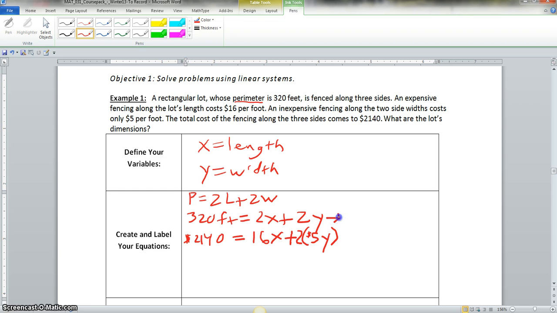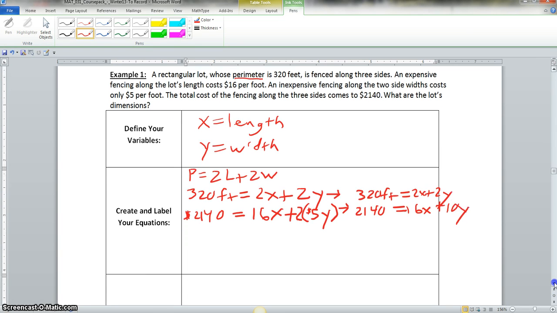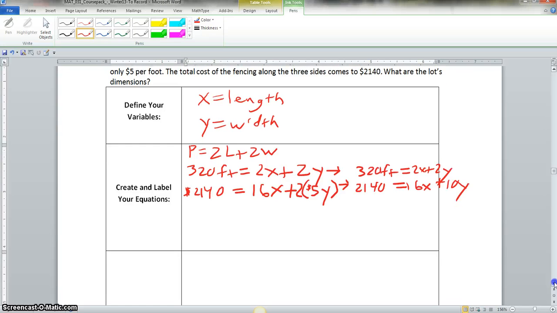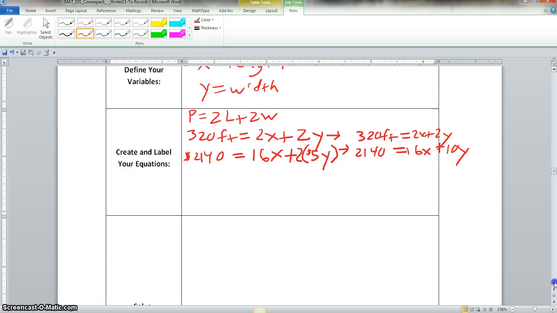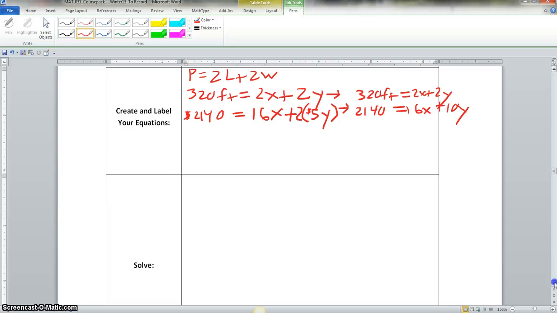So now our equations that we would be dealing with are 320 feet equals 2x plus 2y, and then down here we will have 2,140 is equal to 16x plus 10y. These are our 2 equations that we would be dealing with. Now we have to go through here and solve this.